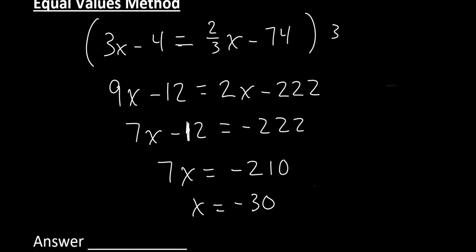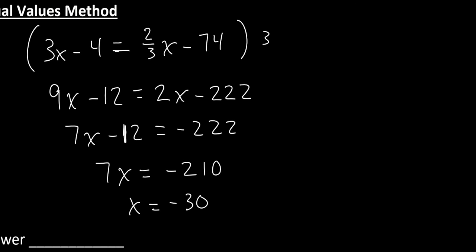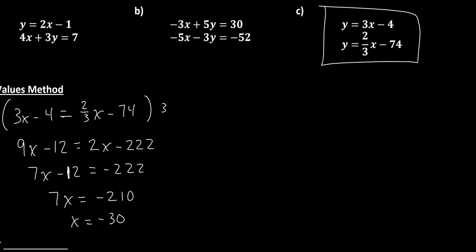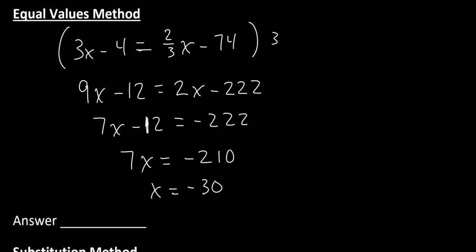Okay, we're not done because we need to know what y is. And if we recall, there were two equations that told me y is either 3x minus 4 or y is 2/3 x minus 74. So I'll go ahead and use the top one there.